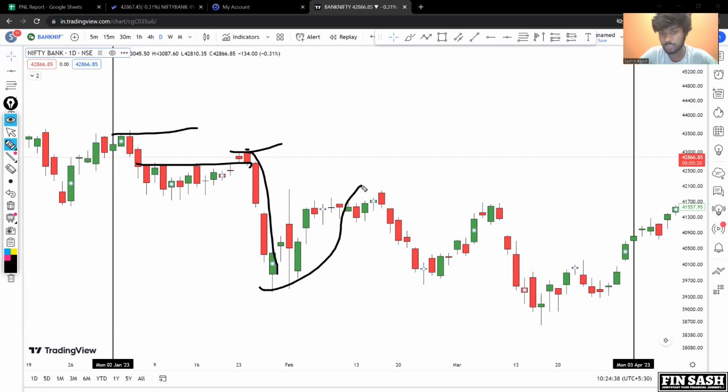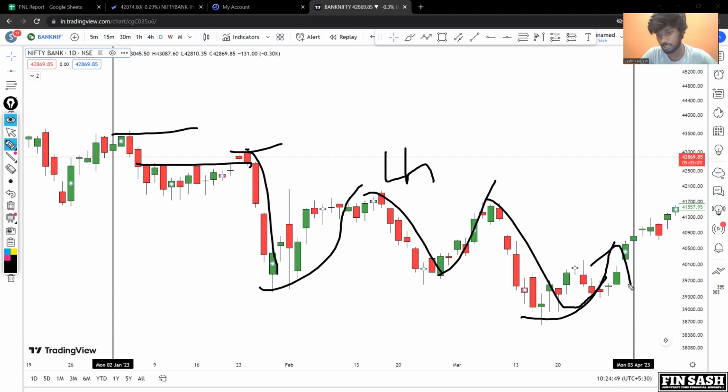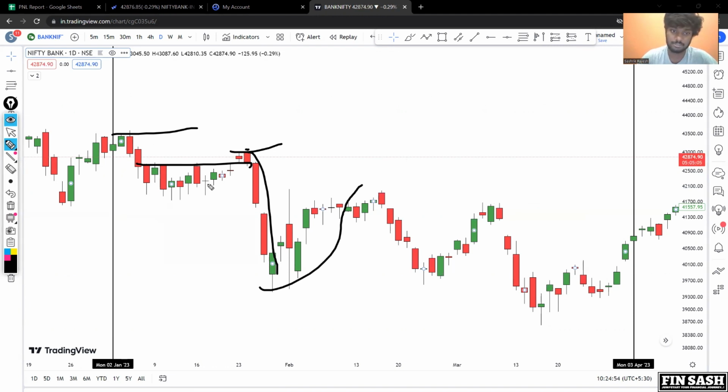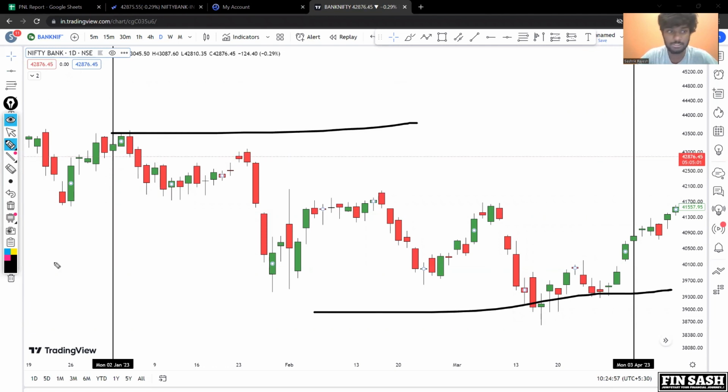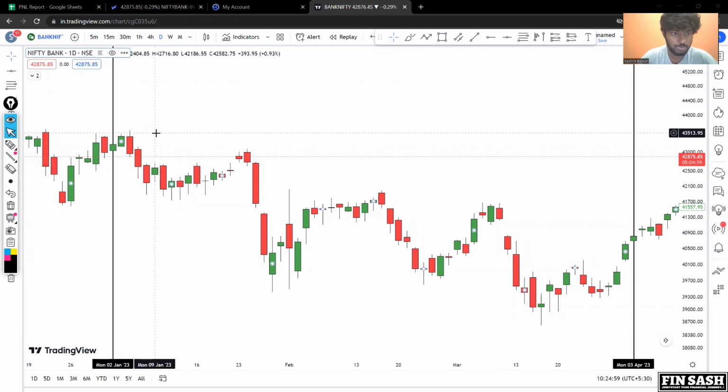Again, the market moved up. It created a lower high, went down, again went up, created a lower high, went down, and then recovered again, created a lower high. So as you guys can see here, the market was pretty volatile in this entire region.